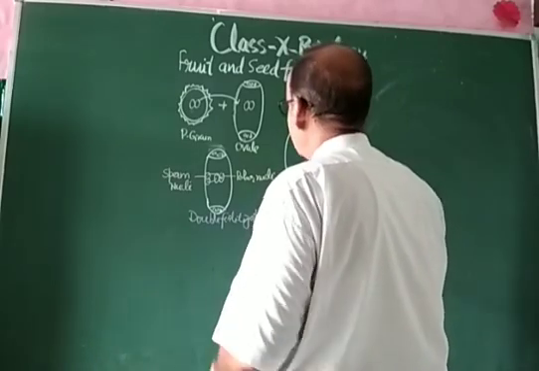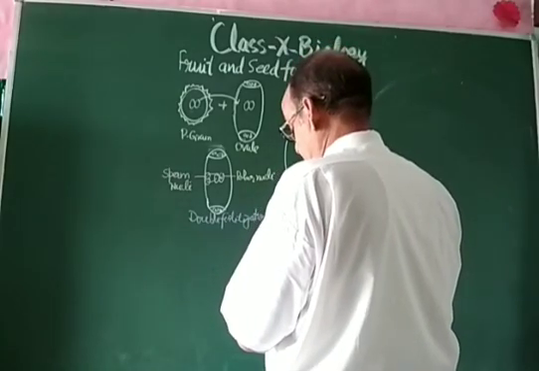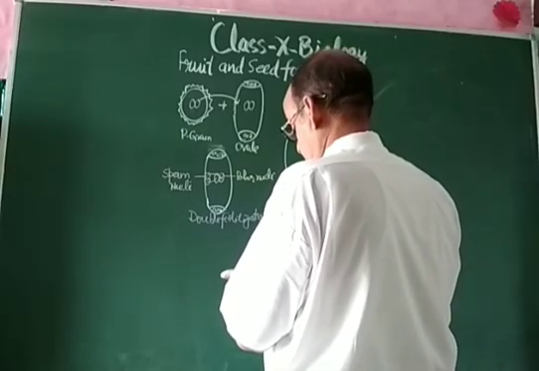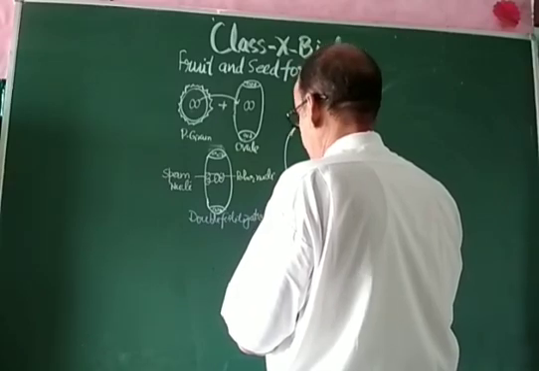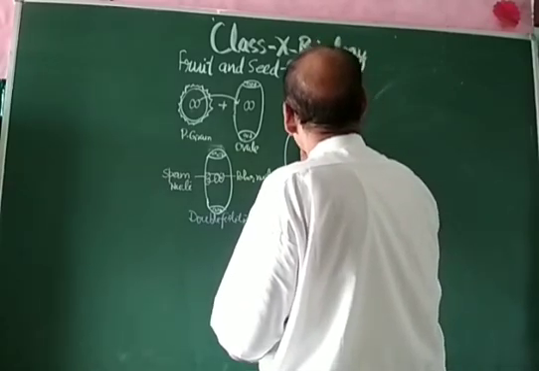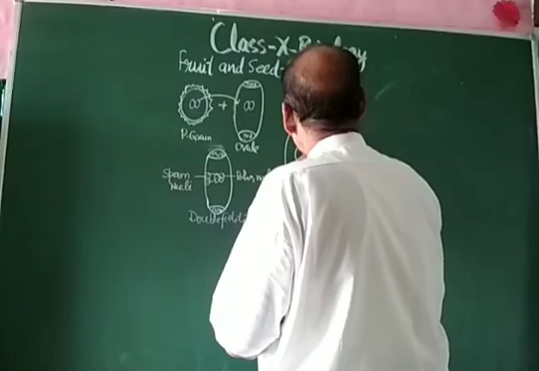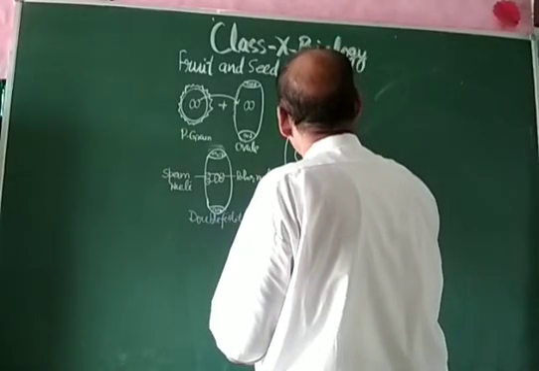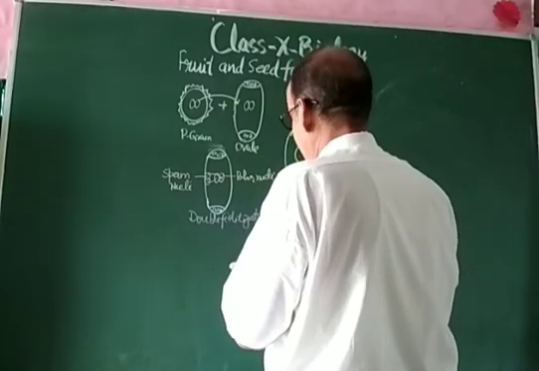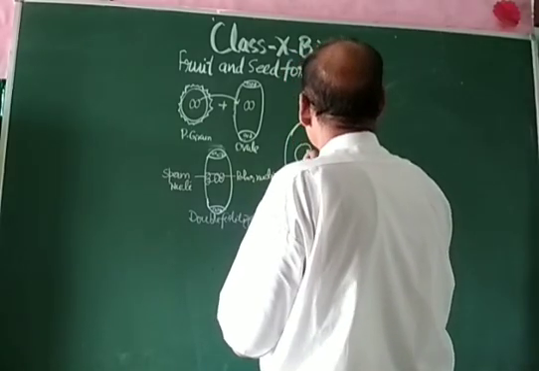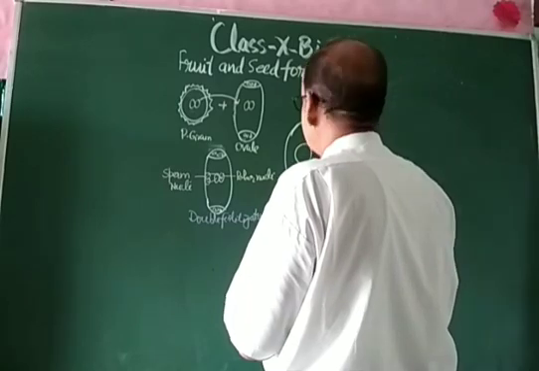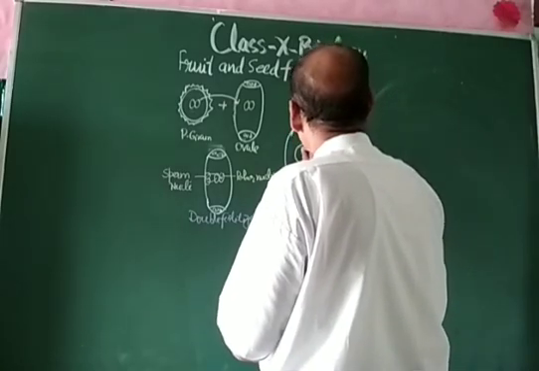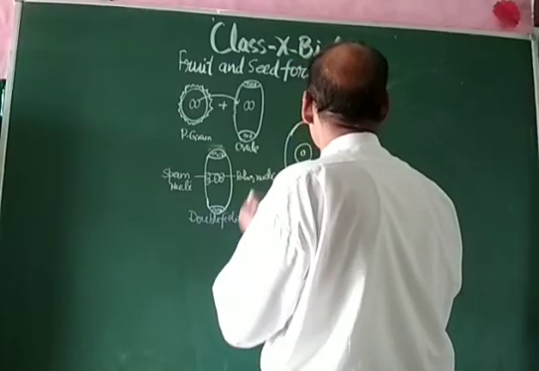This is the ovule, and fusion takes place here. I am indicating with blue color so that you can understand. This is the zygote, and the zygote has a nucleus. So this is the embryo.